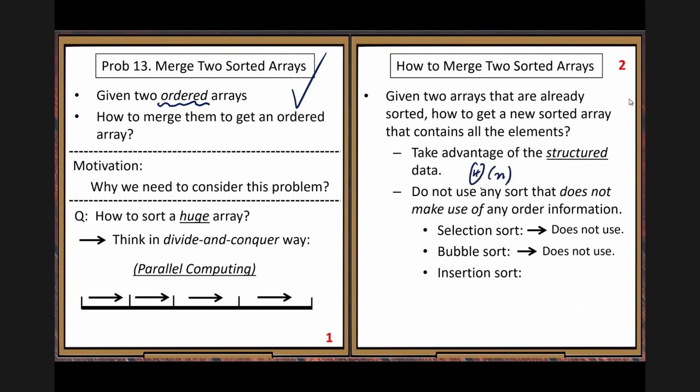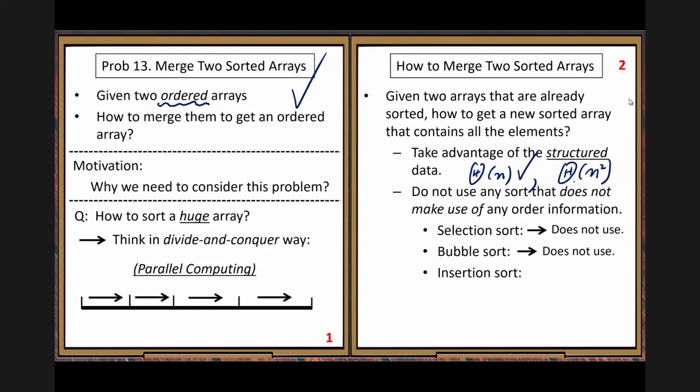When the array is ordered, that's the best case. We only need big theta of n to complete the insertion sort. But for the average case and the worst case, if the order information is not available, we need big theta of n squared, much slower. That means for the insertion sort, the order information is very useful.